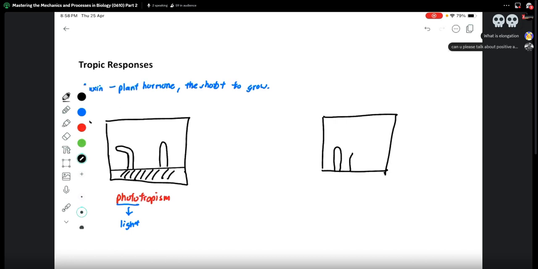Elongation means they extend in size. So will it go up or down, left or right? There is no sunlight in this condition. So it's up.